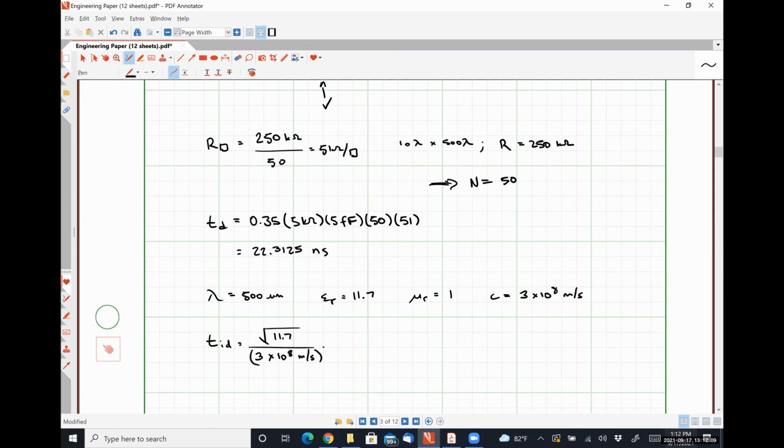And then we're going to have, let's see, how long is this going to be? So 500 lambda, or 500 times 500 times 10 to the minus 6 meters. So meters cancel meters, and our answer should be in seconds.